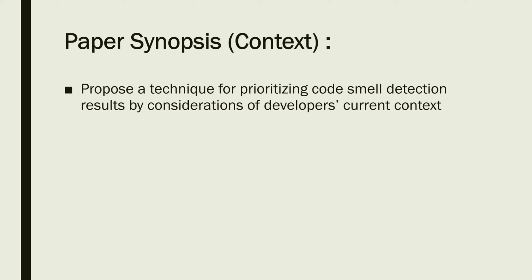The basic idea of this paper is to prioritize code smell detections by considering the developer's current context. This technique is useful for planning how to prefactor the source code before implementing sets of issues in an issue tracking system.